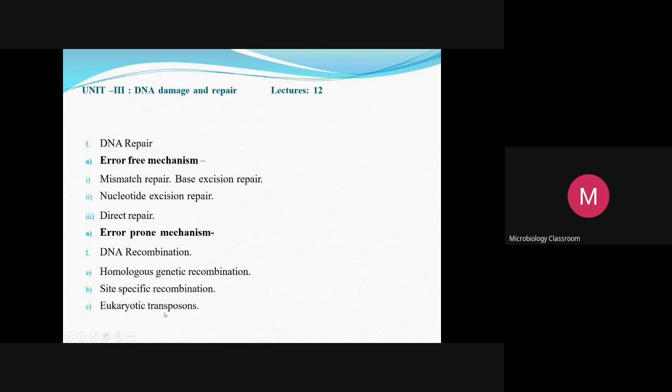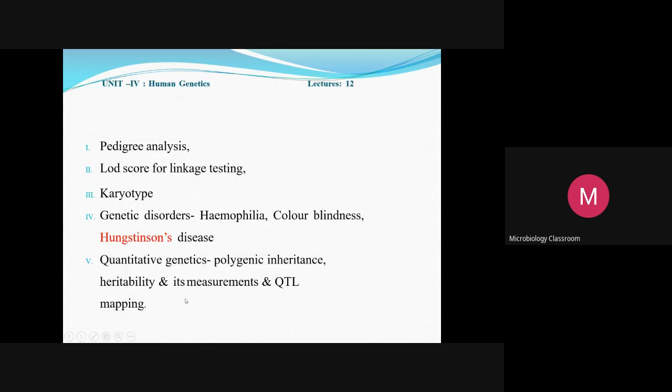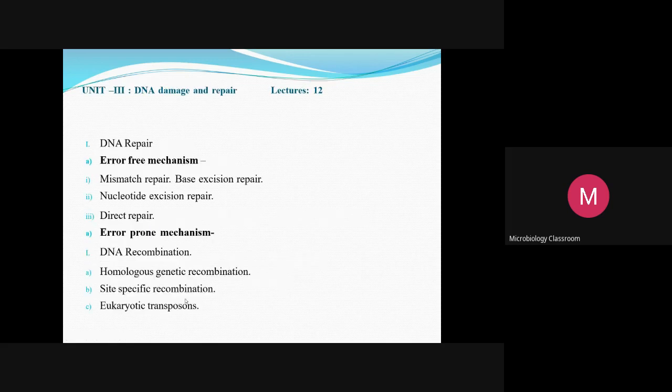But before explaining eukaryotic transposons, a slight introduction of the basic transposon should be there. So what are the different types of transposons, prokaryotic transposon, eukaryotic transposon, and the mechanism of transposition need to be explained here. So this is unit number 3, DNA damage and repair.